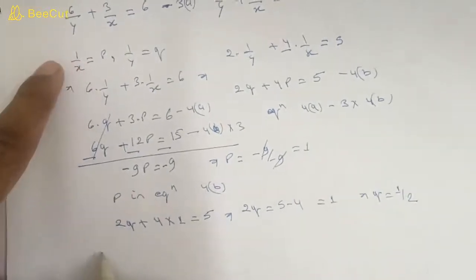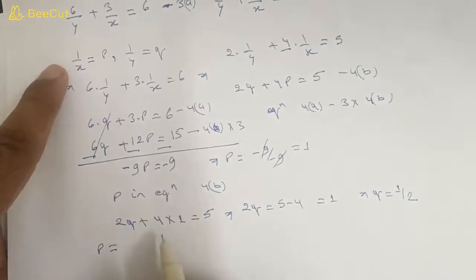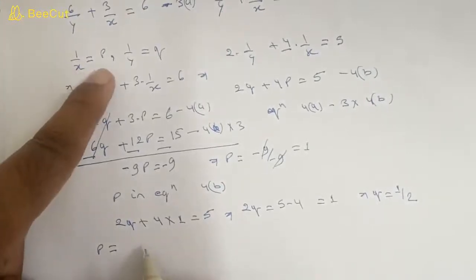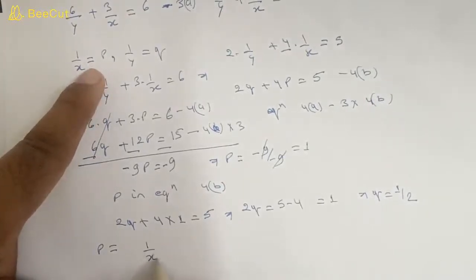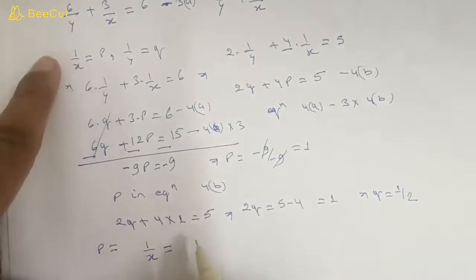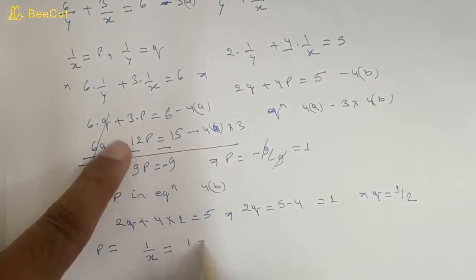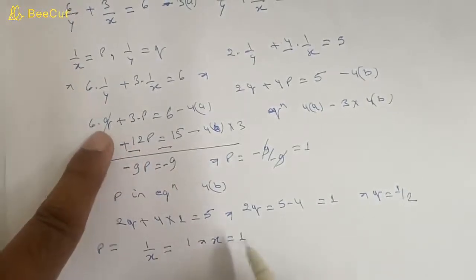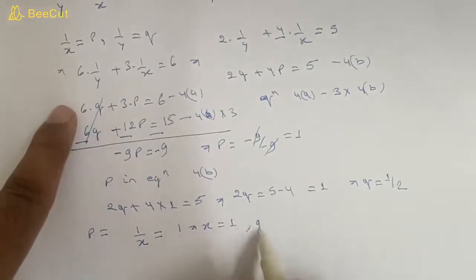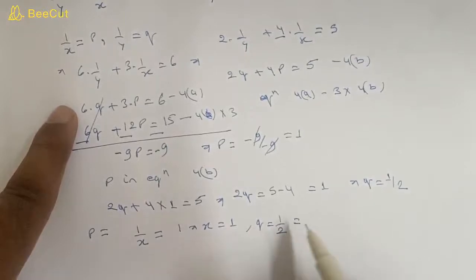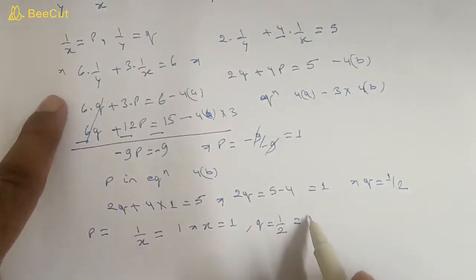Now we have p is equal to 1 by x is equal to 1. So x is equal to 1. Now q is equal to 1 by 2 is equal to 1 by y.